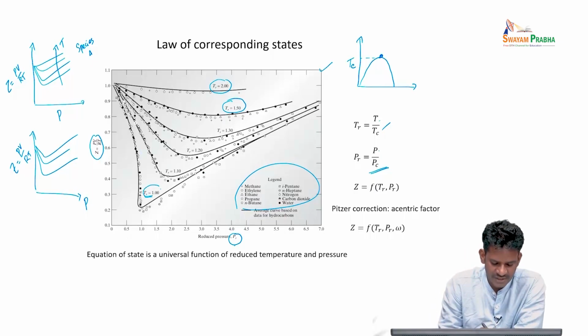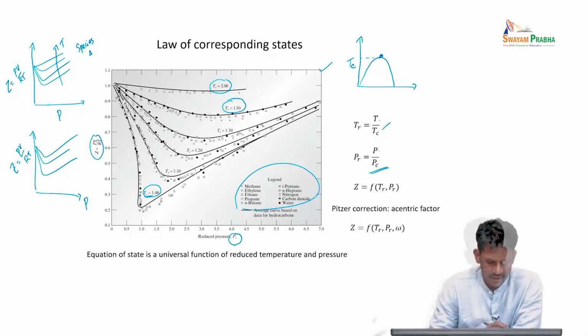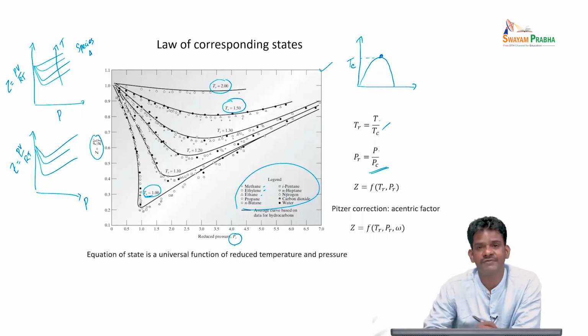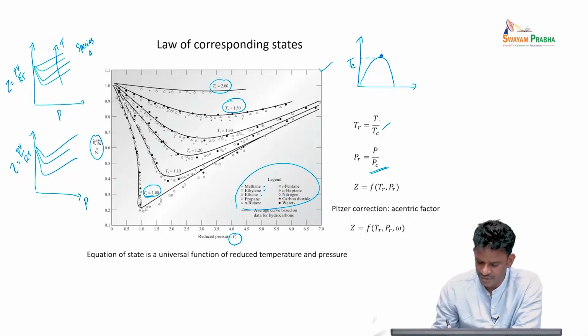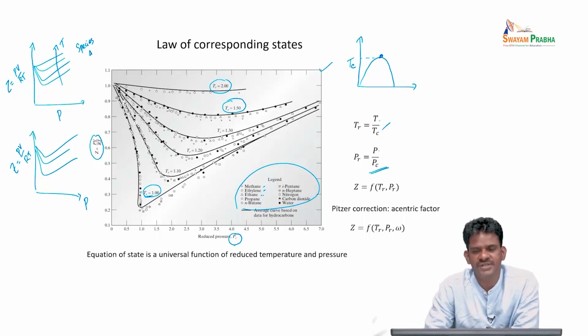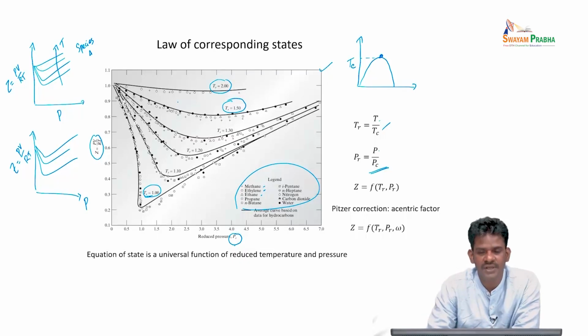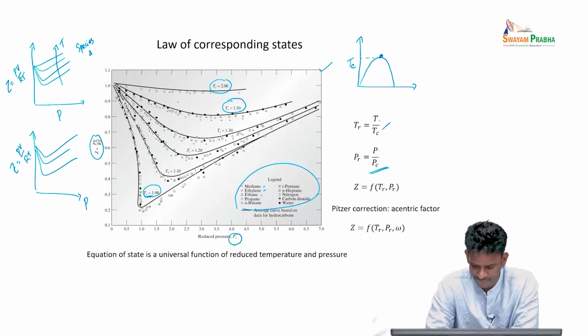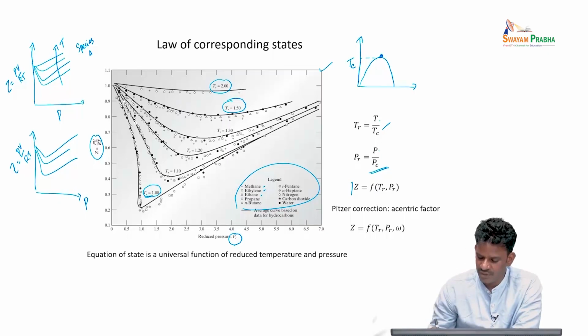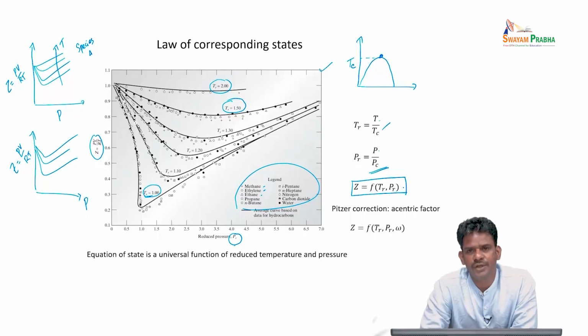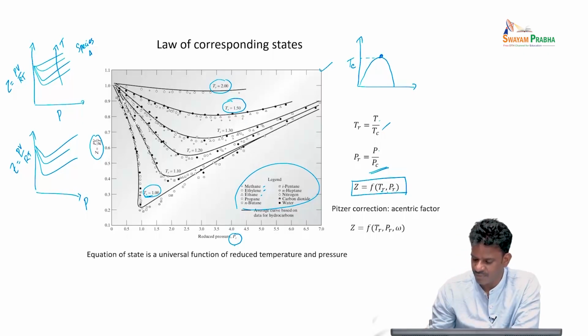For all the species like methane, ethylene, ethane, propane, various alkanes, even nitrogen, carbon dioxide and water, certain species properties are taken, and you can see that they all nicely collapse onto the universal functional form. Therefore, we are able to show that the compressibility factor can be defined as a universal function of reduced temperature and reduced pressure.